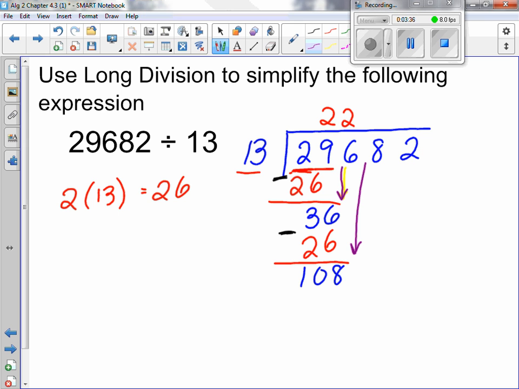So we know it's going to be more than 2. Yes? 9 would be too big. Let's try 7. So we can do 7 times 13. Well, 7 times 3 would be 21, carry the 2. 7 times 1 is 7, plus 2 is 9.